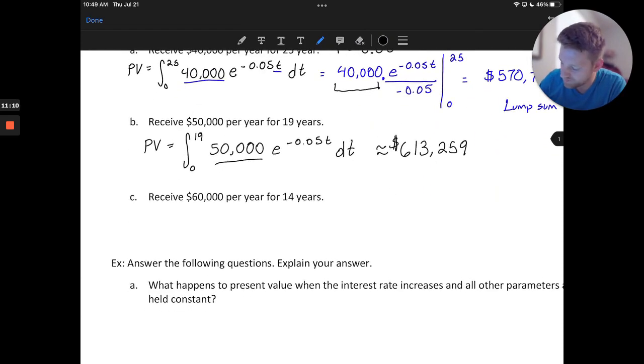The present value for the last one would be an income stream over 14 years, so 0 to 14, with an income of $60,000, and then the same interest rate, dt.